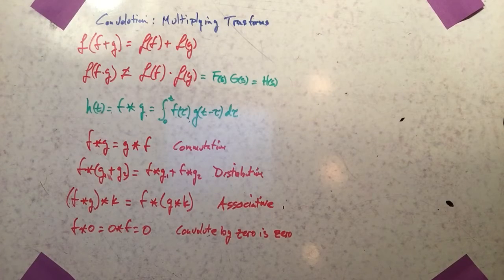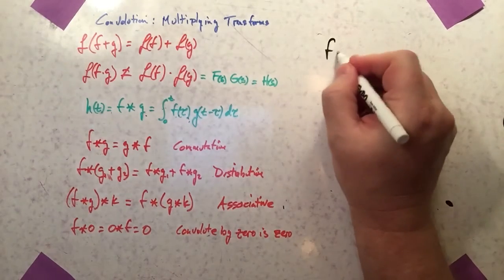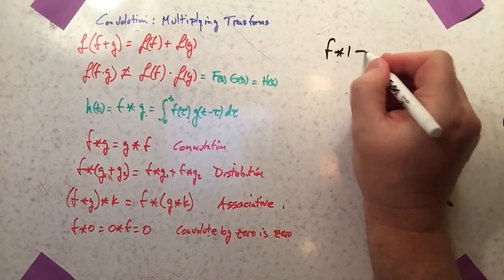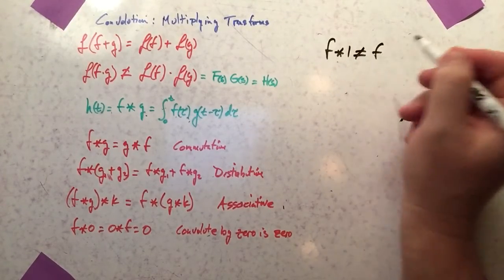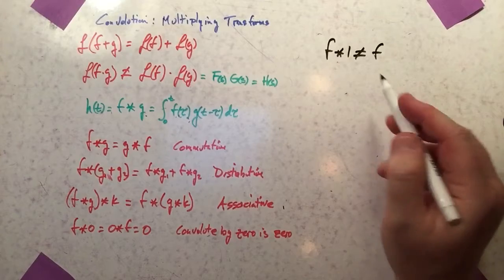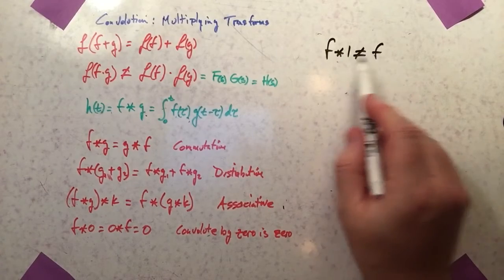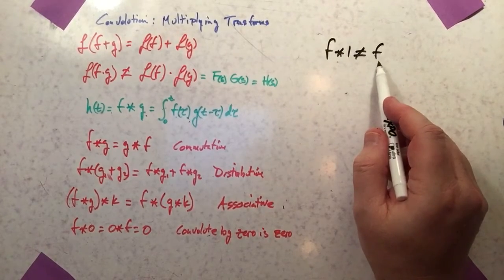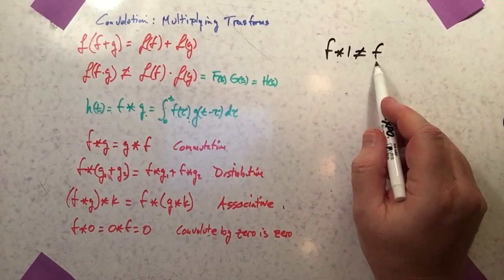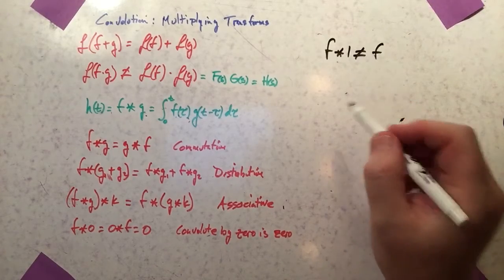But there are a couple of stark differences. F convolute 1 is almost never equal to f. It's possible with the choice of just the right f that f convolute 1 will be f, but that's not a general property. So there's no sort of identity property of convolution, okay?